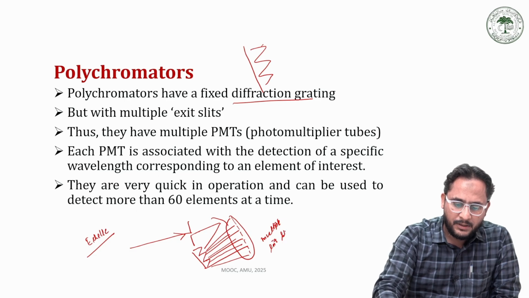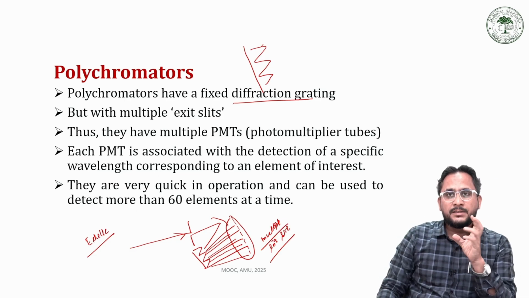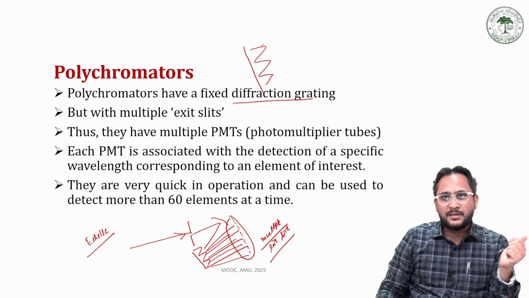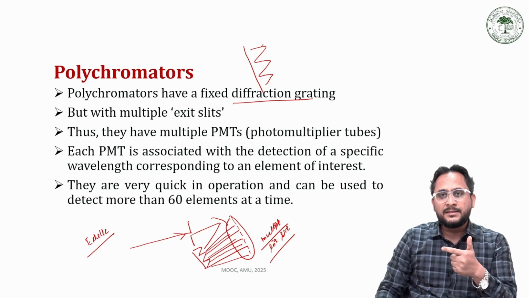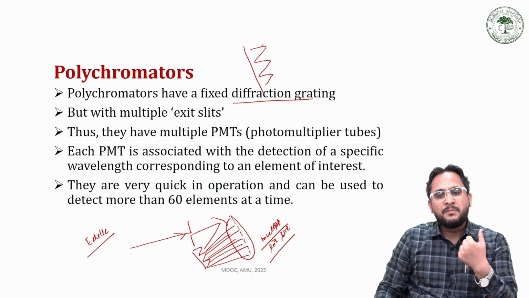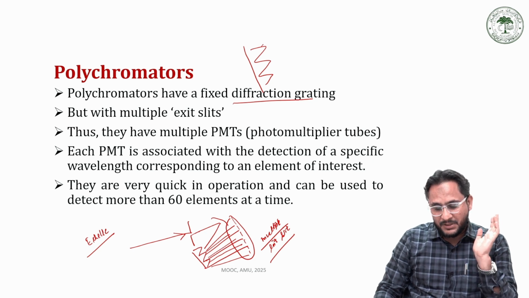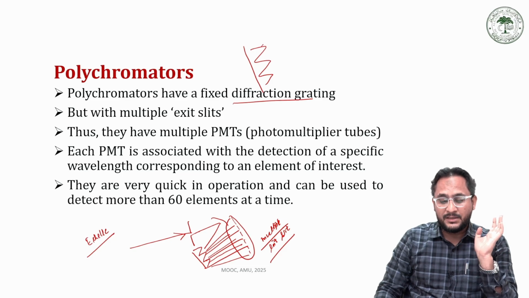Now the question is how these multiple light radiations passing through the multiple exit slits are going to be detected, and the answer is multiple PMTs installed in simultaneous spectrometers.